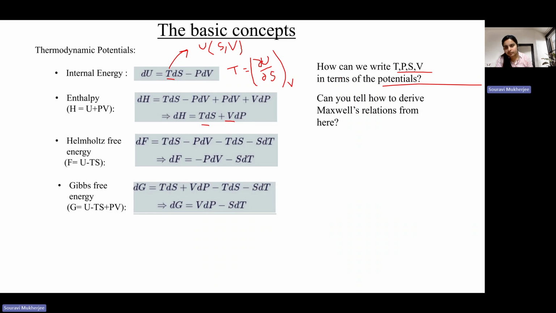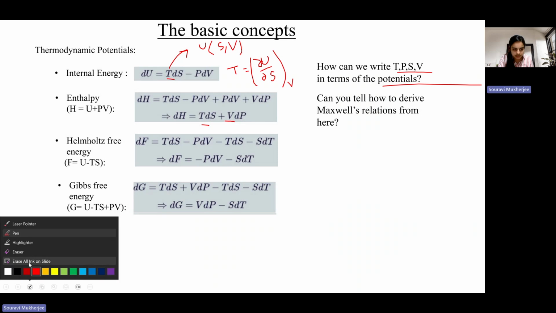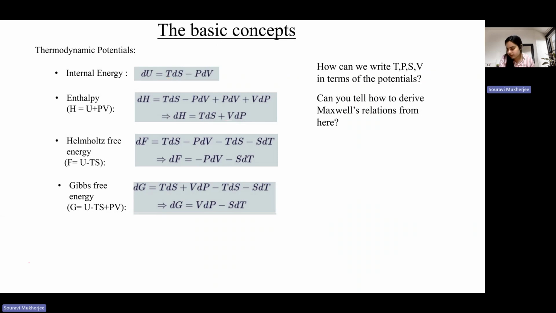Now, how do you get to the different Maxwell's relations from here? That's the next question, because it's never a good idea to remember things. It's always better to relate the different concepts so that you can derive them if required. So here, internal energy is U, H is U plus PV, F is U minus TS, G is U minus TS plus PV.